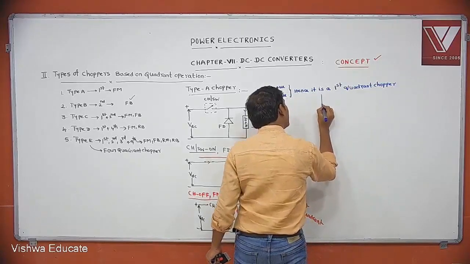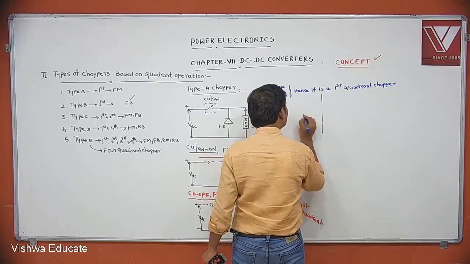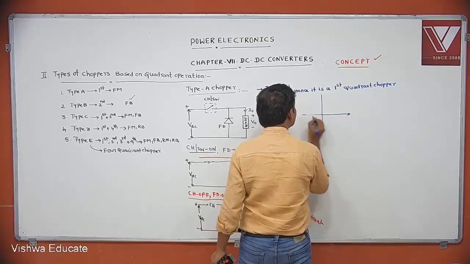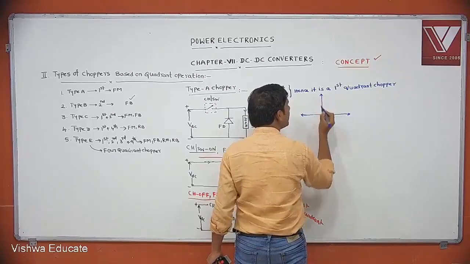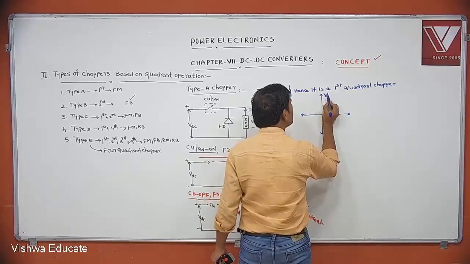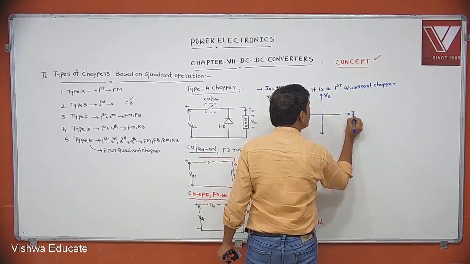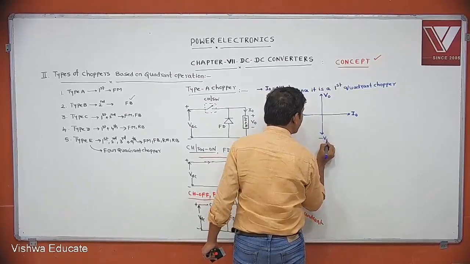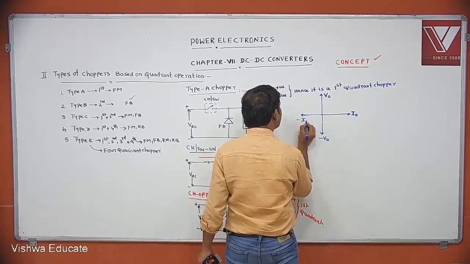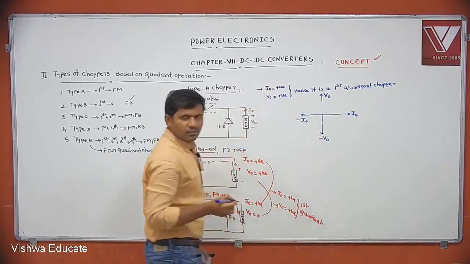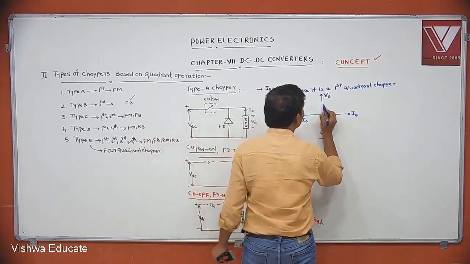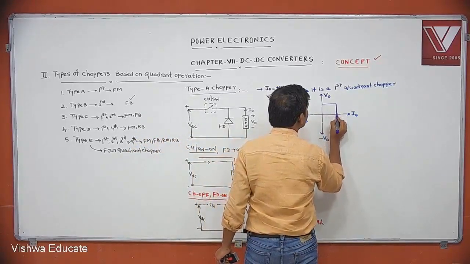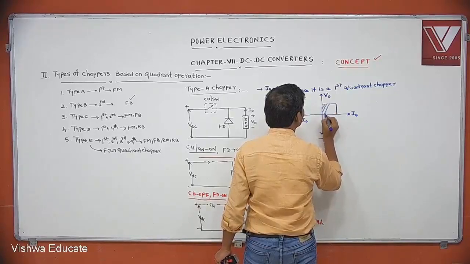In general, in the representation of quadrant operation, as I told already, if it is not mentioned which axis is used, generally you take V naught on Y axis, I naught on X axis. This is minus V naught, this is minus I naught. Hence it is the first quadrant chopper. First quadrant means V naught positive, I naught positive.